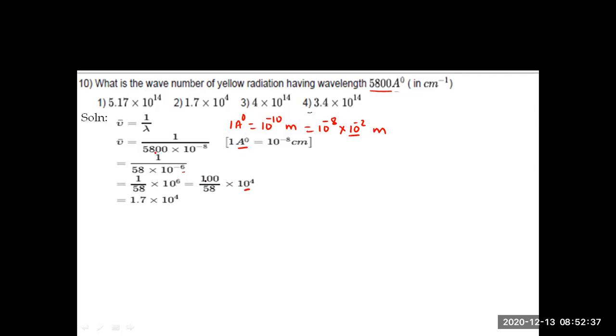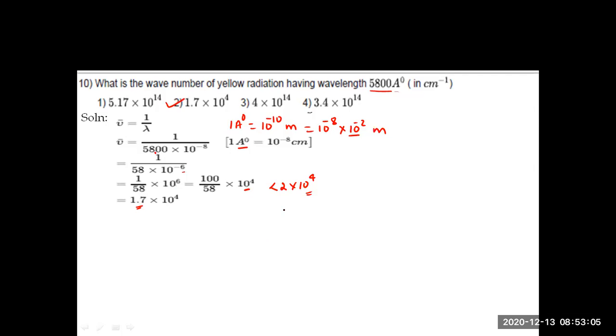Now tell me, what is 100 by 50? Not 58, I'm asking 50. 100 by 50 is 2. 100 by 58 will be less than 2, into 10 raised to 4. That's all is your answer, no? You need to get 1.7 exactly. So 1 by 50 is 2, 1 by 58 is less than 2. Less than 2 into 10 raised to 4, you have to search for the answer. Option 2 is the correct answer.